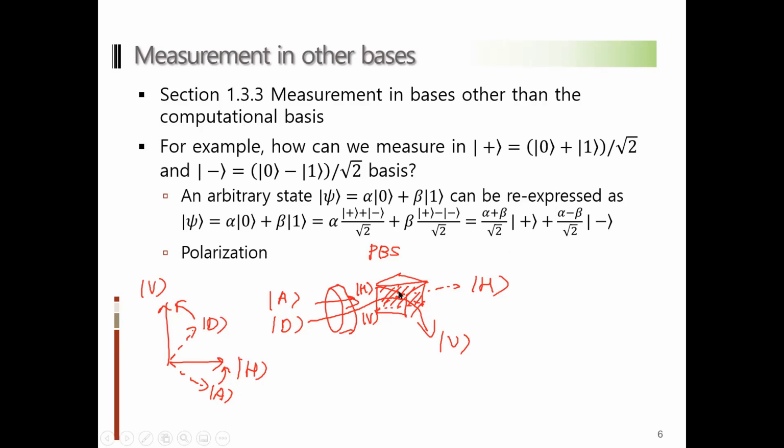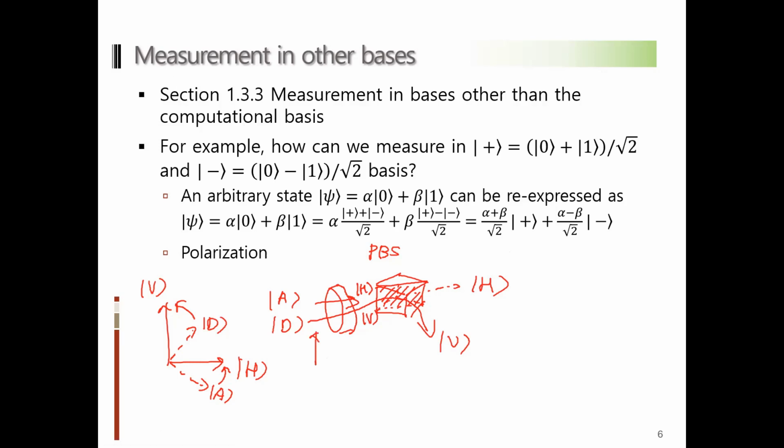Without rotating the PBS, in principle, you should be able to measure in the A and D basis, because after it is transmitted through this plate, they map to the H and V basis. And if you started with a superposition of these bases, the result will be still the same superposition.